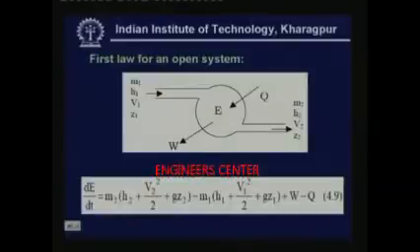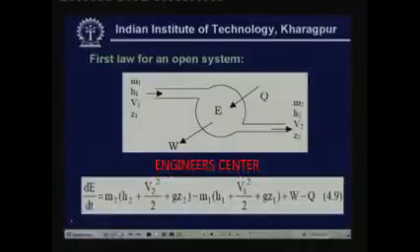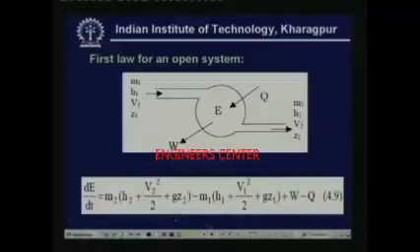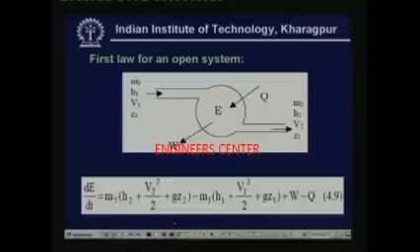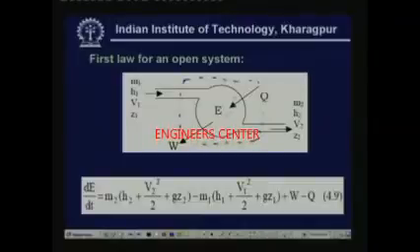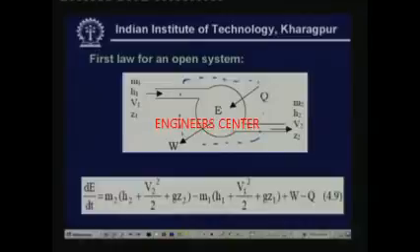Now, this figure shows the first law of thermodynamics for an open system. So, here we have a control volume, and I have shown the control surface or boundary of the control volume, and to this control volume m1 amount of mass is entering.